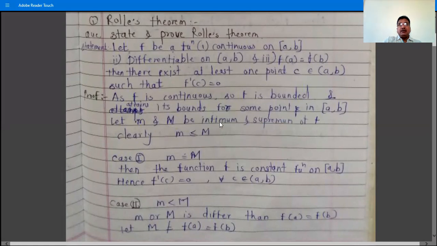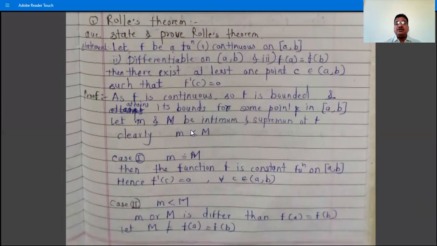So 1 is the greatest lower bound: all the numbers 1 and less than 1 are lower bounds, and out of these, 1 is the greatest. So the greatest lower bound, the infimum, is 1, and the supremum is 100. In the first semester, we already learned infimum and supremum.